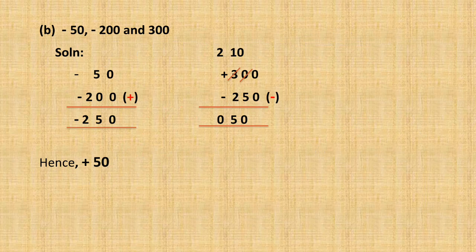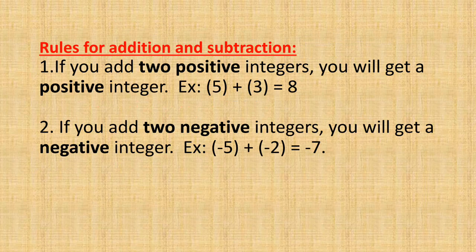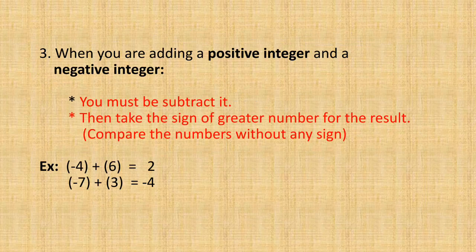Second sum, minus 50, minus 200 and 300. Here, first we are going to do both negative integers, minus 50, minus 200. When you are having two negative integers, you will get another negative integer. Also, we have to do addition, then denote the negative sign.